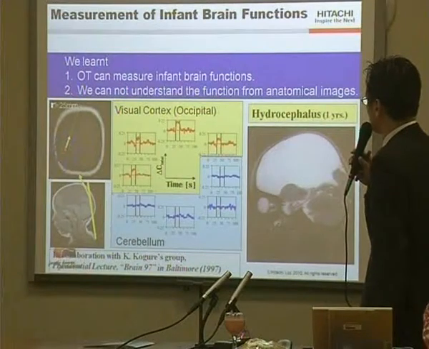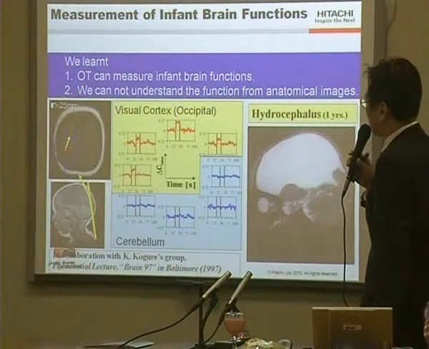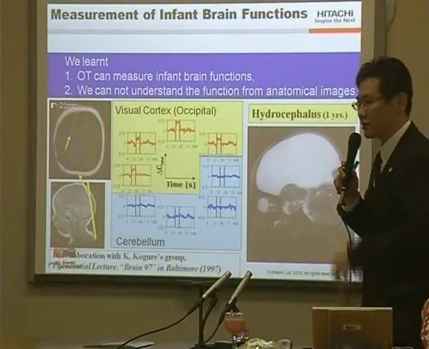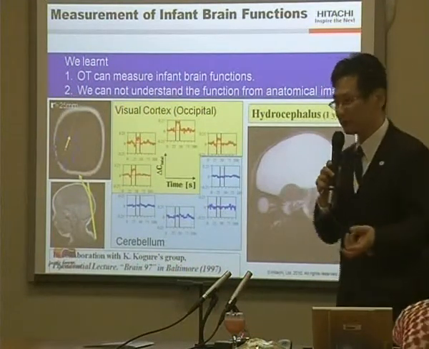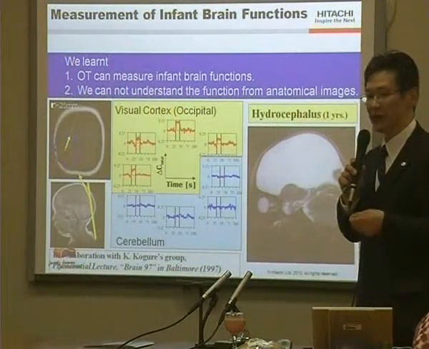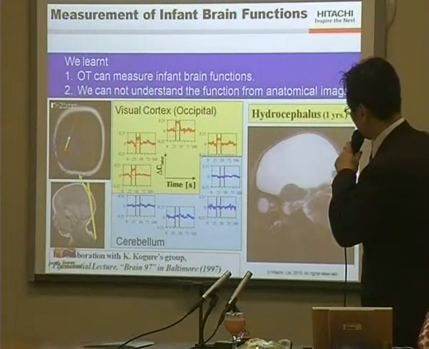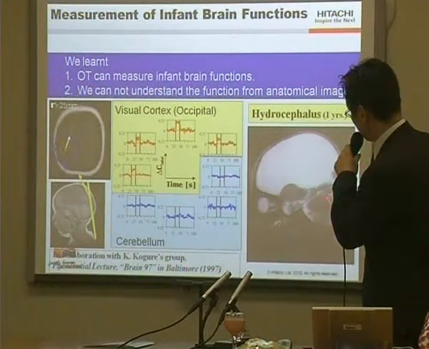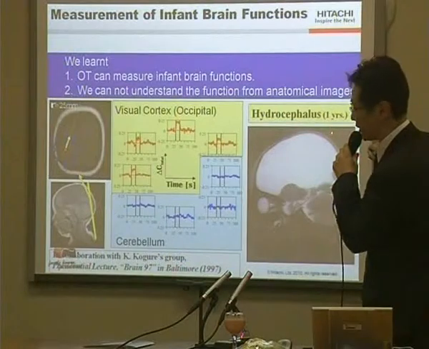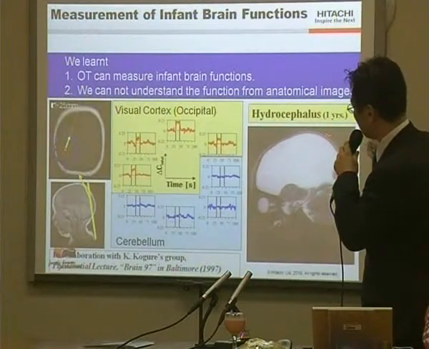She was about 1 year old. And nobody knew whether this baby could see or not, because there was no technique to check brain activity in the visual cortex of such a very young baby.